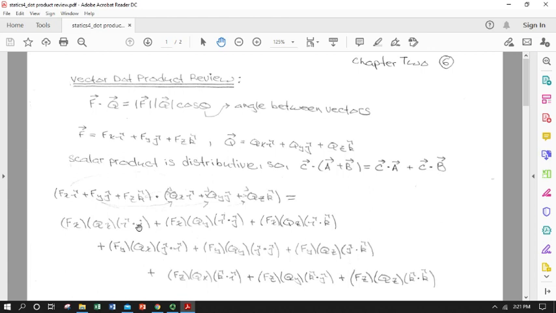So the angle between them is 0. What's cosine of 0? 1. Wow, well that's pretty easy. So I hat dot I hat is just 1. So I'm left with just the magnitude of f in the x direction times the magnitude of q in the x direction.